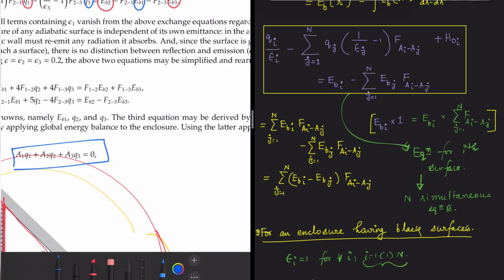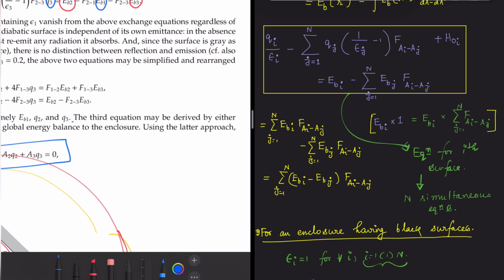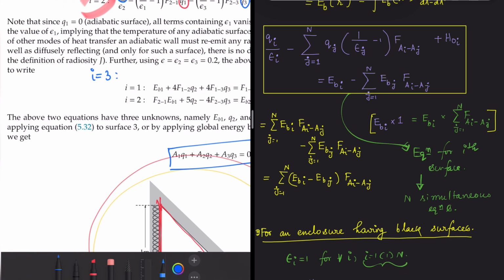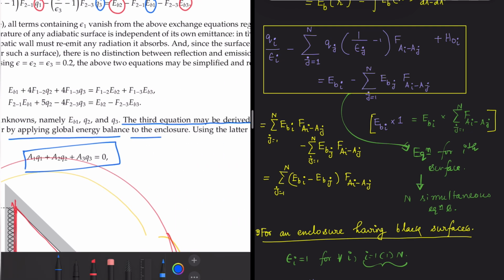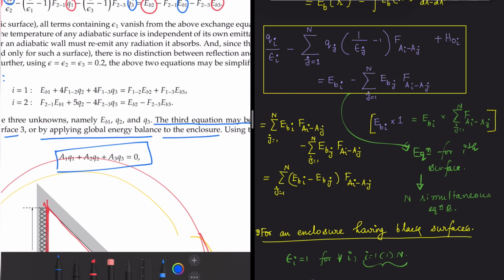The third equation may be derived either by applying equation 5.32 to surface 3 or by applying global energy balance to the enclosure. The global energy balance says that the temperature of the enclosure is not changing with time.